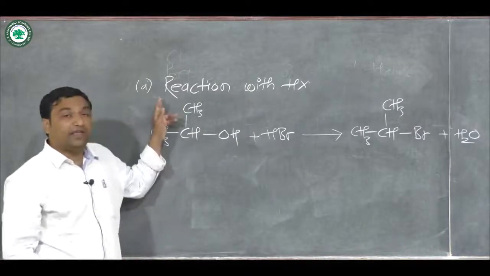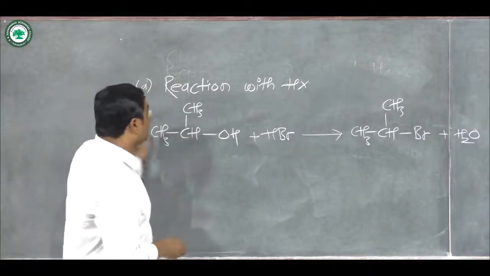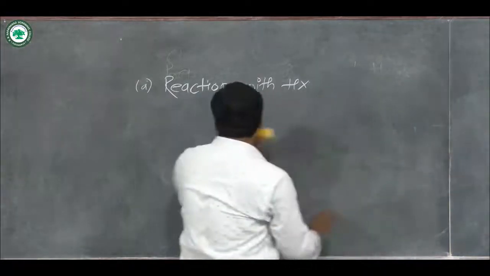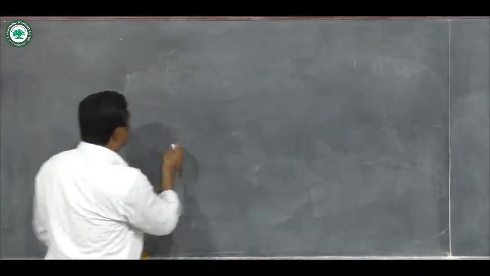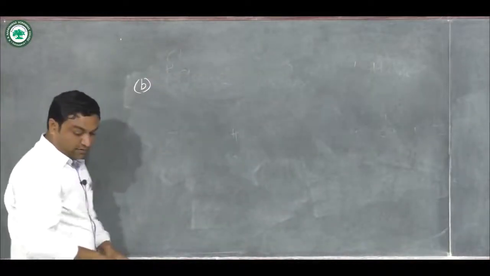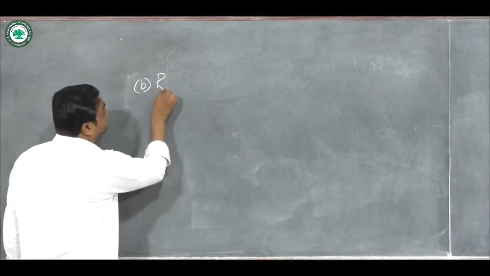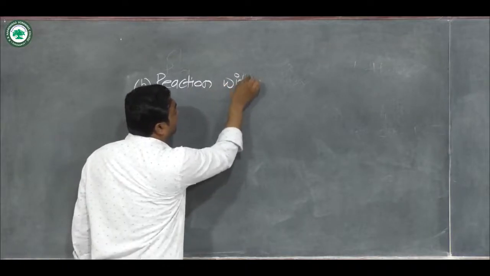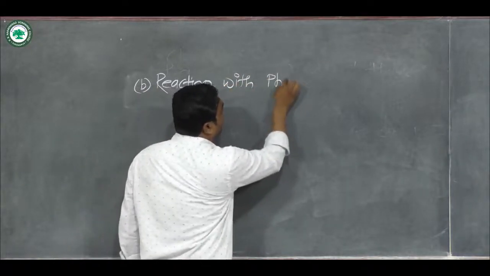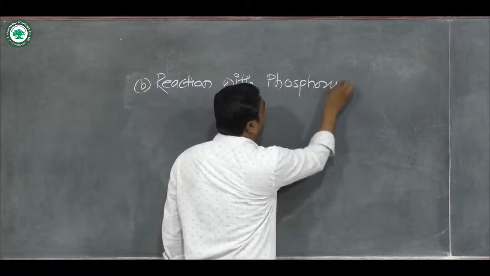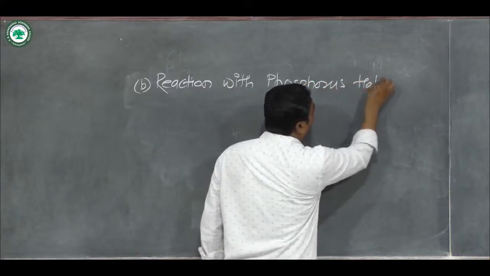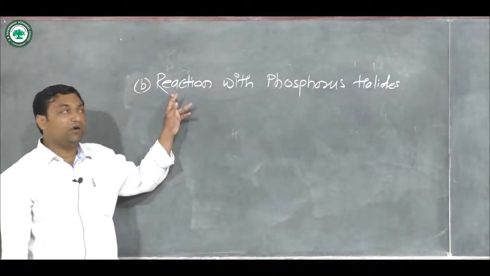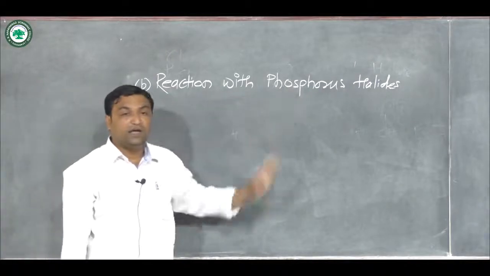Now, the second reaction from alcohol is the reaction with phosphorus halide.